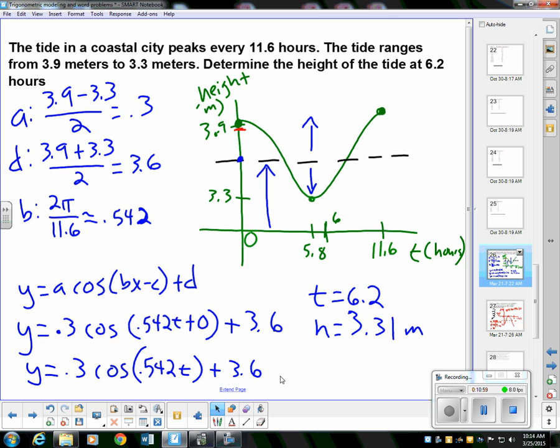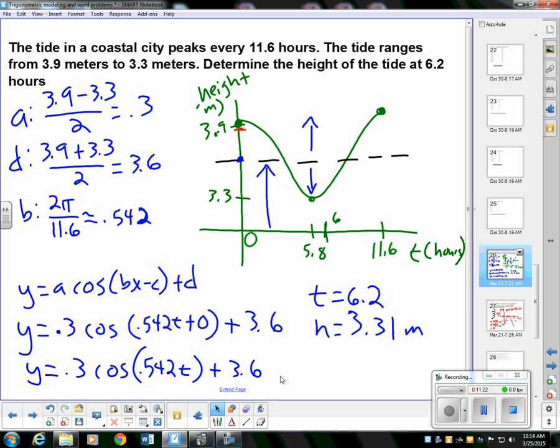So in a nutshell, the way we want to look at this is we want to sketch the graph like we just did there in green to get a good basic idea, and then we're going to choose either sine or cosine, and we want to do it in terms of whether we want to include a horizontal shift or not. Since this one starts at a maximum, cosine is the optimal equation rather than sine.